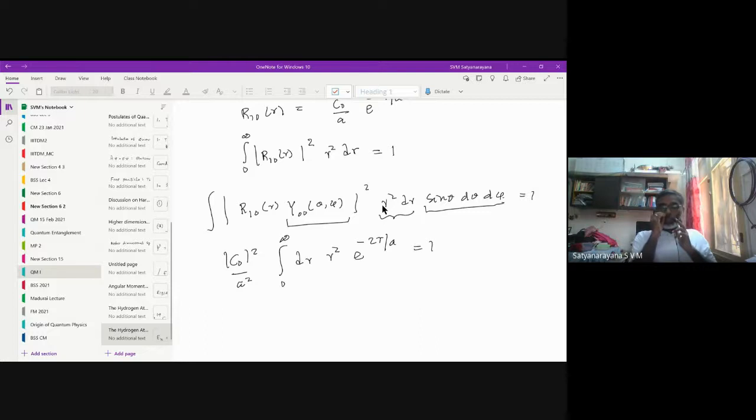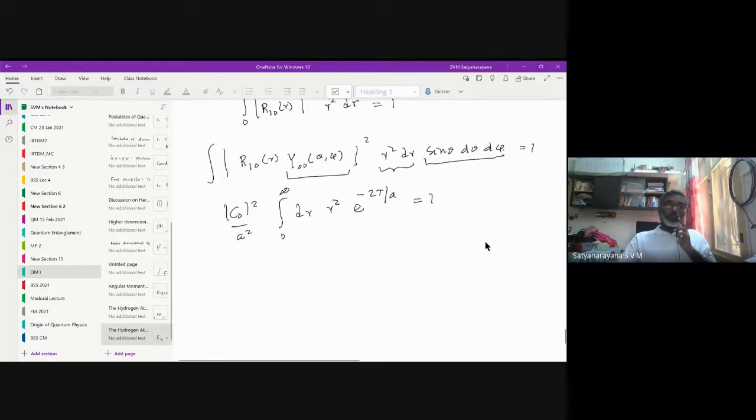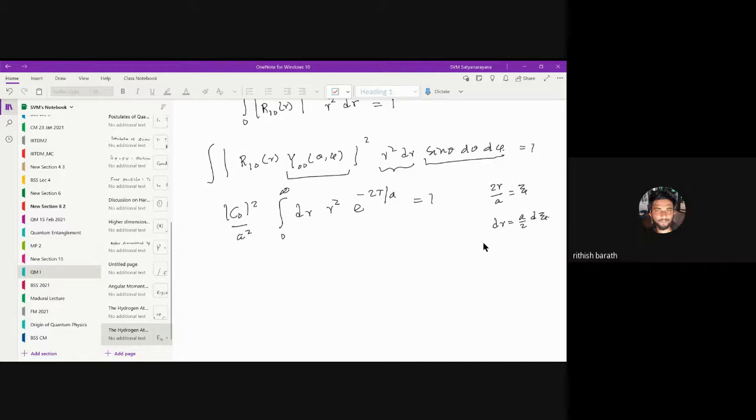So that means, you write down 2r by a to be some psi, then dr is equal to a by 2 d psi. So we can do integration, differentiation.